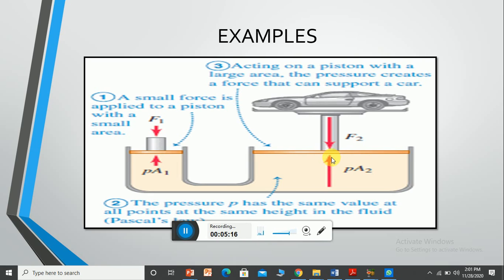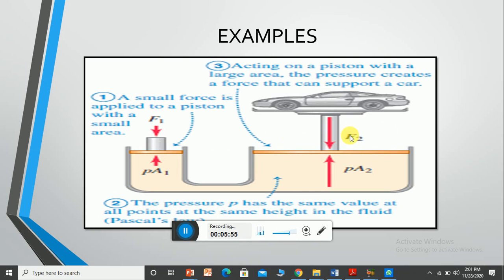So this pressure pushes the heavy object in the upward direction. It exerts a force, and this force is directed upward. The weight of this body, the weight of the car, is directed downward, but this force due to the pressure of the liquid is directed upward, and it can easily push the car upward. So we can lift the car very easily by applying a small force.